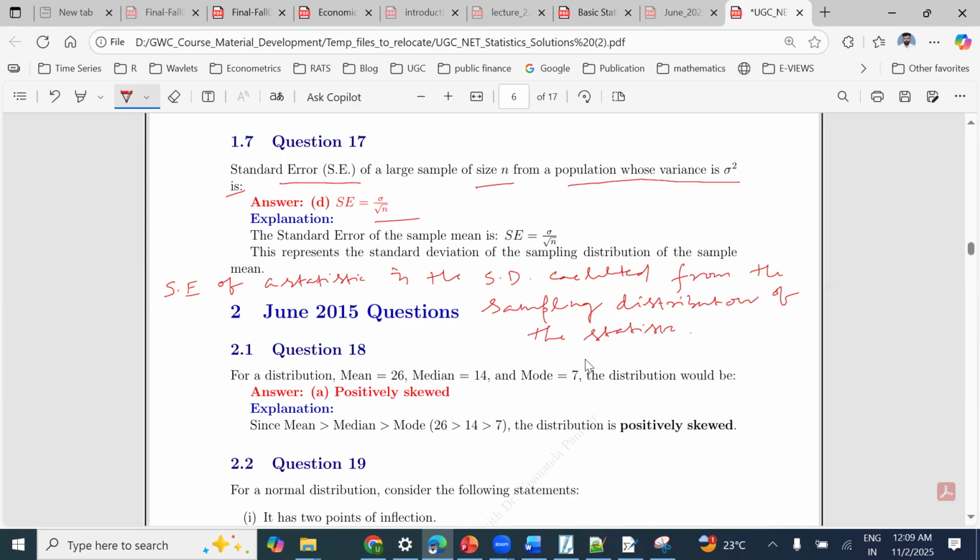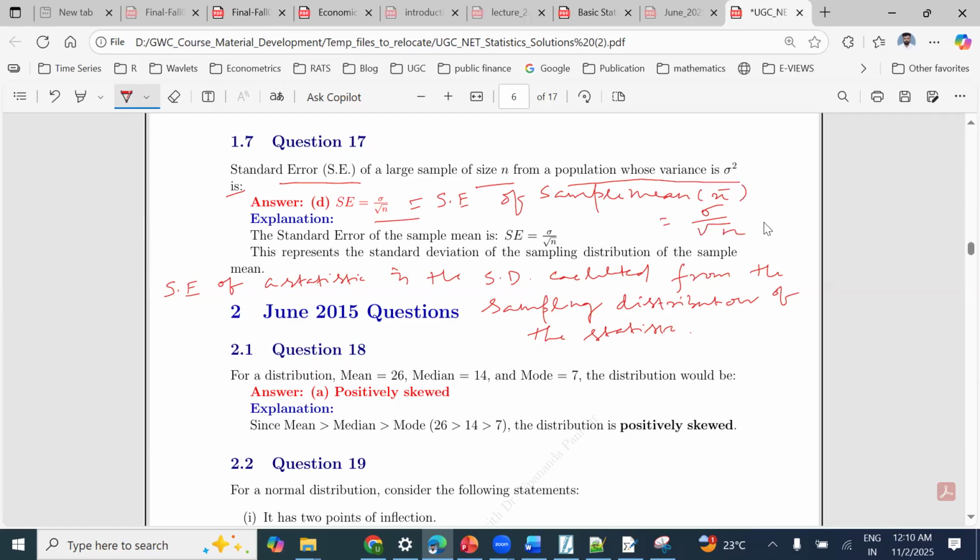So this sigma upon root n, we should actually write here, it is partial, you should write standard error of sample mean, in brackets x bar, which is equal to sigma upon root n. Is it clear?